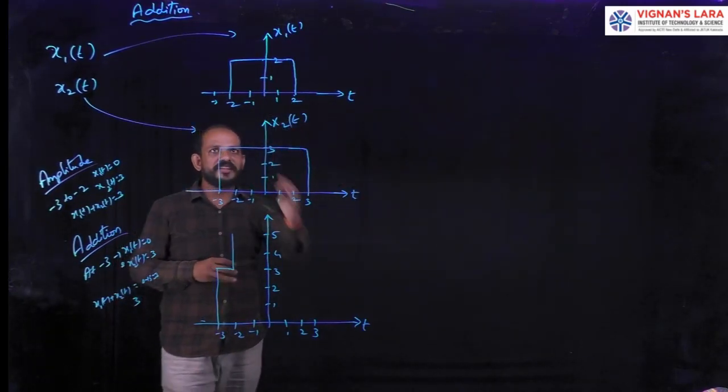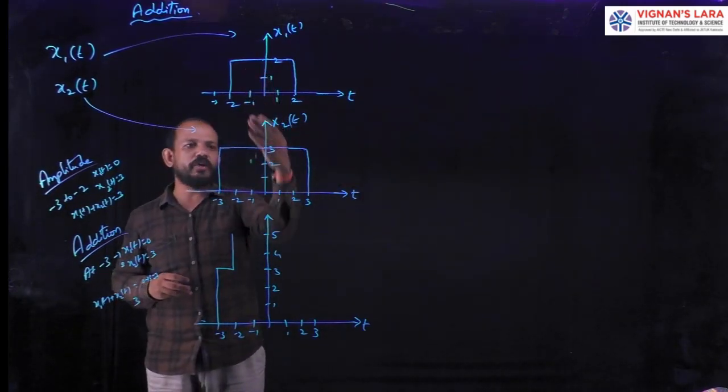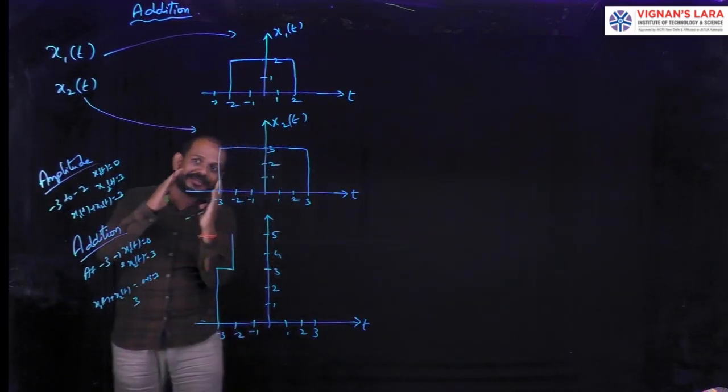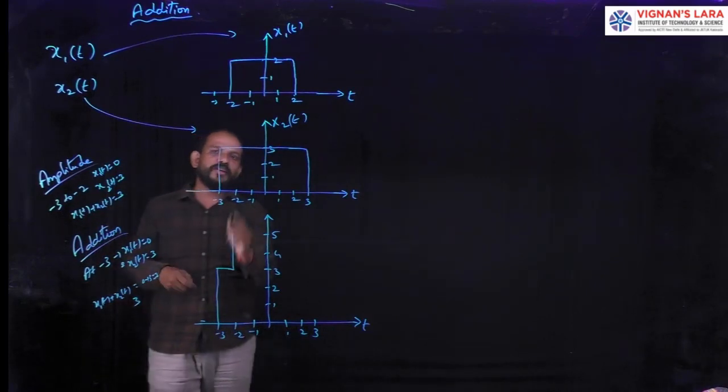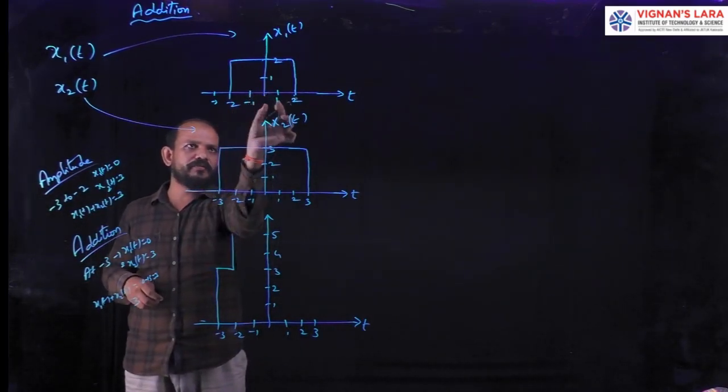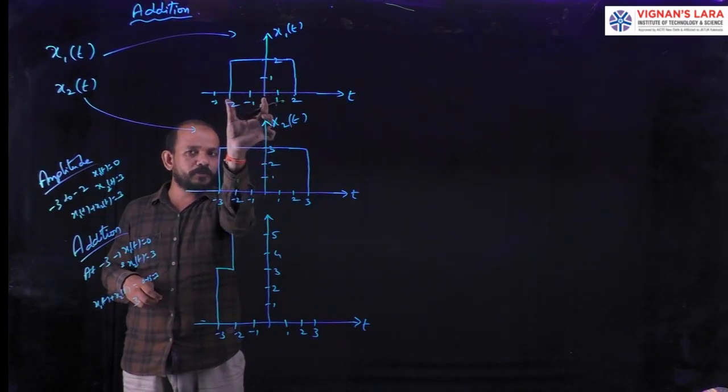If there is any variation with respect to x1 of t or x2 of t, I have to consider that time variation also. Whenever there is a change at a point, I have to consider only up to that point.